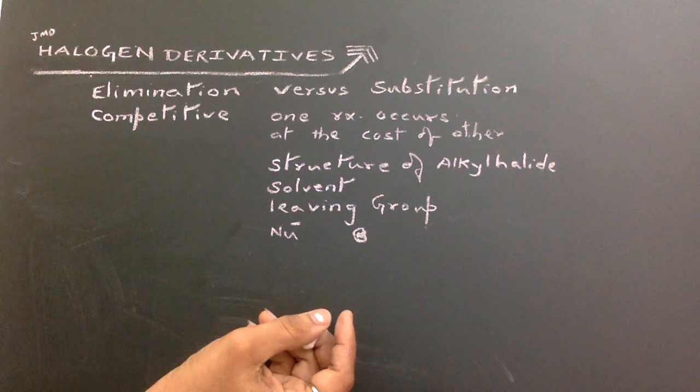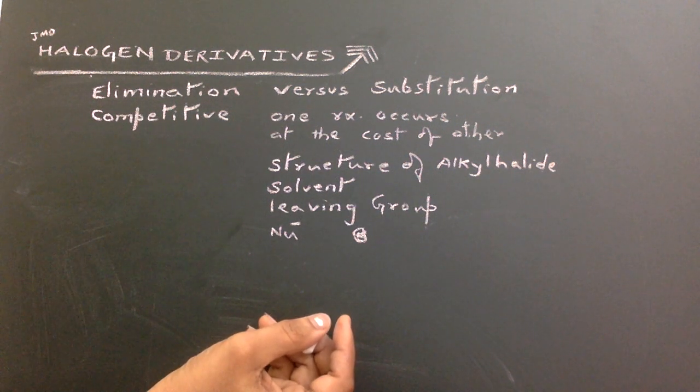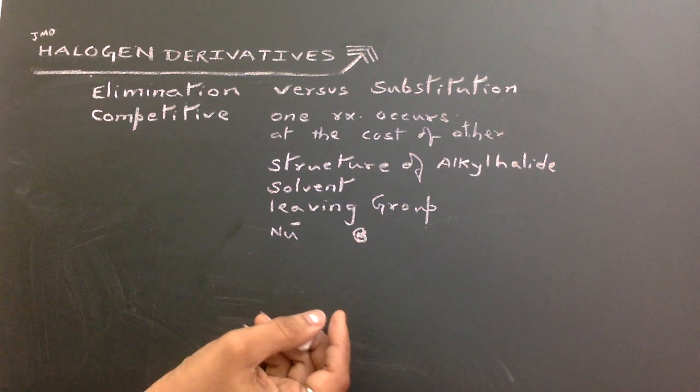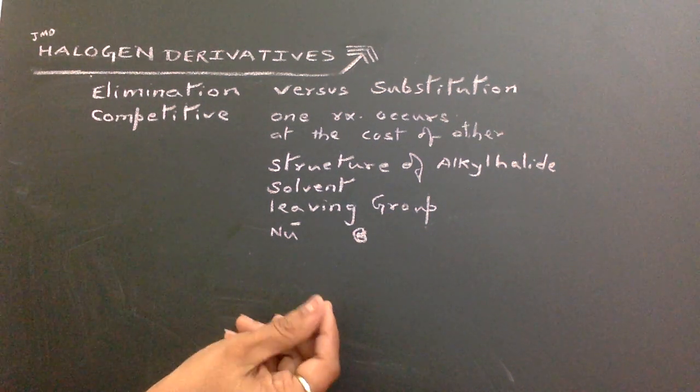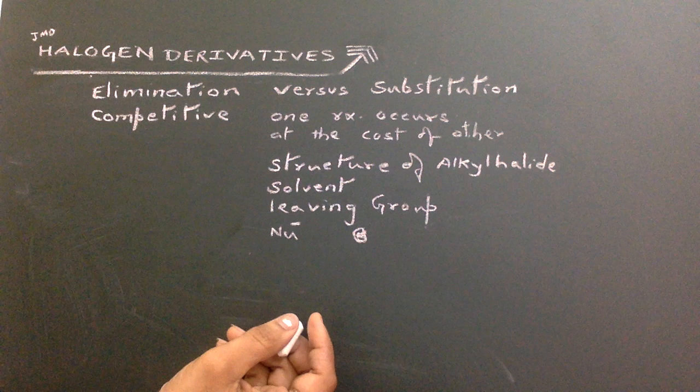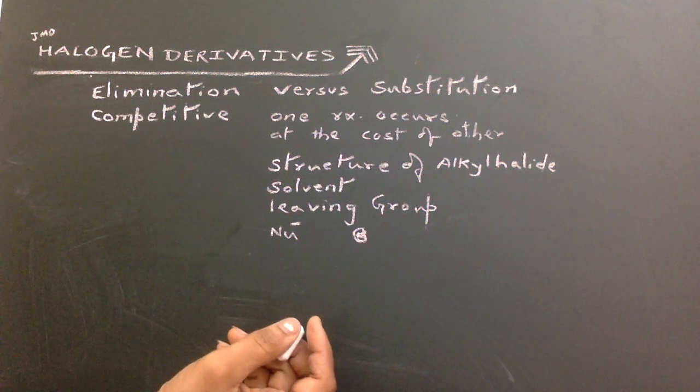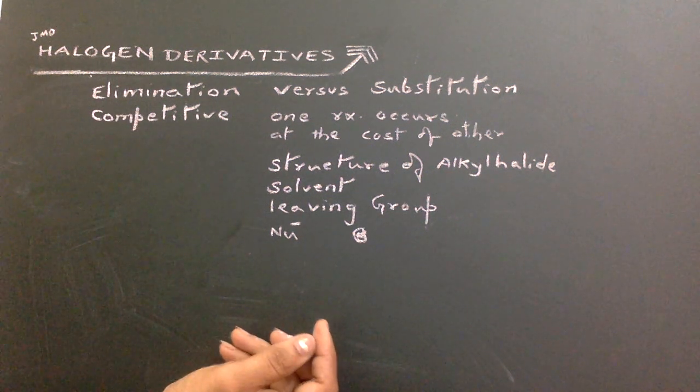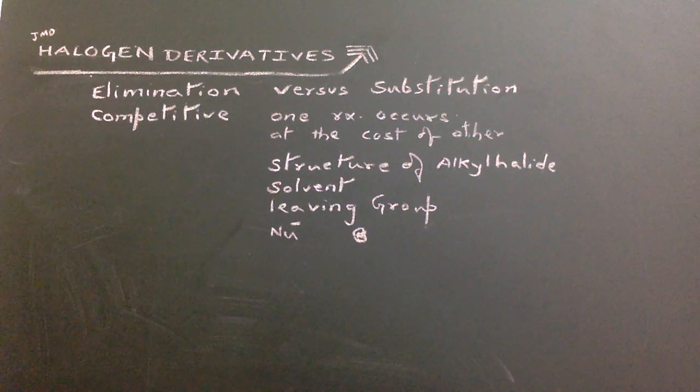Now students, it is found that the proportion of elimination increases as the structure of the alkyl halide changes from primary to tertiary. Once again, I am repeating, the proportion of elimination increases as the structure of the alkyl halide changes from primary to tertiary.